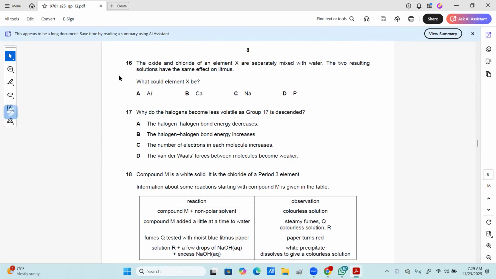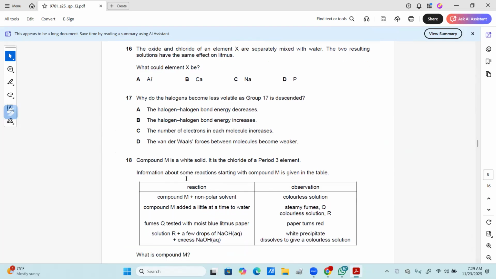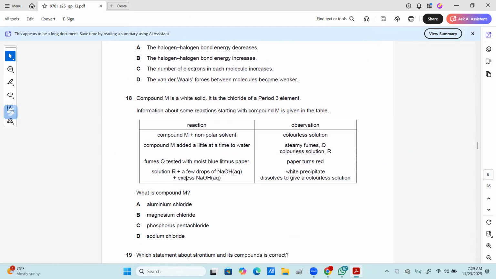Then 18: compound M is a white solid. It is the chloride of a period 3 element. Information about some reactions starting with compound M is given. So nonpolar solvent, colorless solution. That means this should be a nonpolar solute. Compound M added a little at a time to water gives steamy fumes and a colorless solution. Fumes Q tested with, okay, so then this should be HCl.